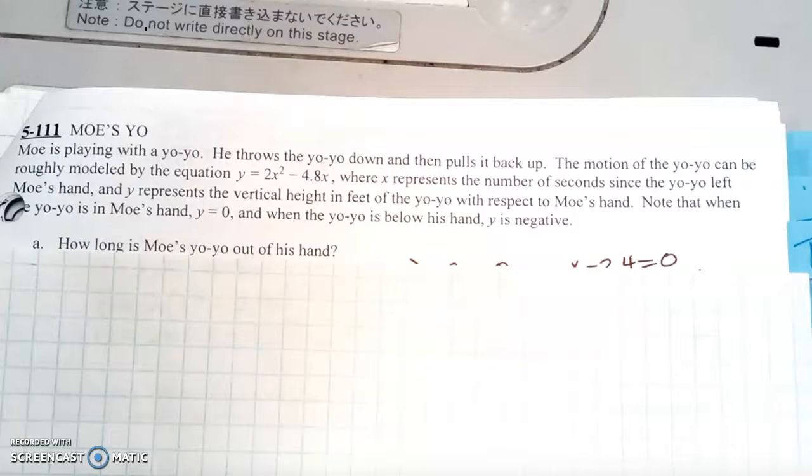The motion of the yo-yo can be roughly modeled by the equation y equals 2x squared minus 4.8x, where x represents the number of seconds since the yo-yo left Mo's hand, and y represents the vertical height in feet of the yo-yo with respect to Mo's hand.